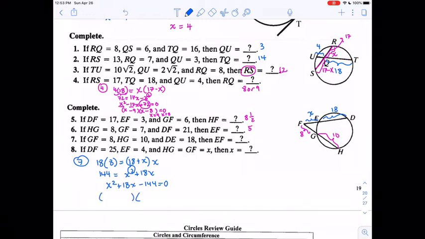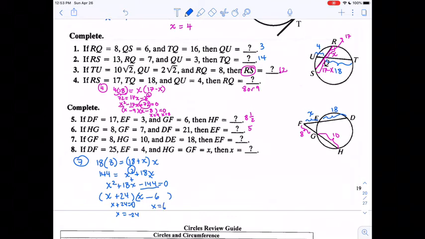So the question is, if I were to factor this, x times x is x squared. What multiplies to be negative 144 that adds to be positive 18? And the values are positive 24 and negative 6. So if I were to set each one of these equal to 0 to solve, I get x equals negative 24 and x equals 6.